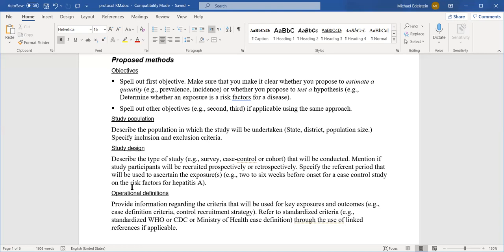So if you want to focus just on the prevalence, that's what you write. If in this particular study you're already going to look at the outcome, whether particular incidental findings led to malignancies, then the prevalence is an intermediate step that you describe, but it's not your primary objective.